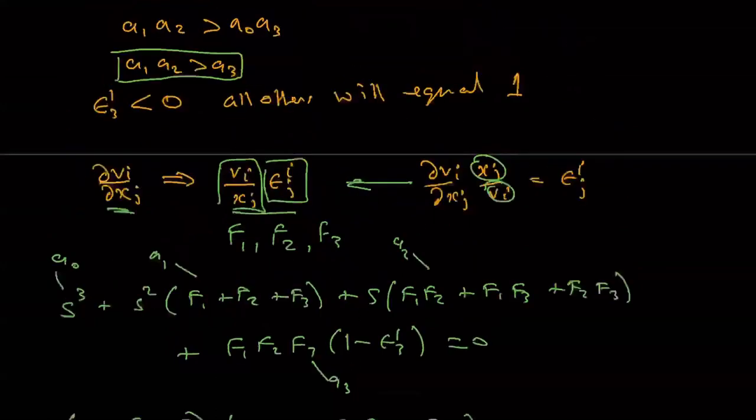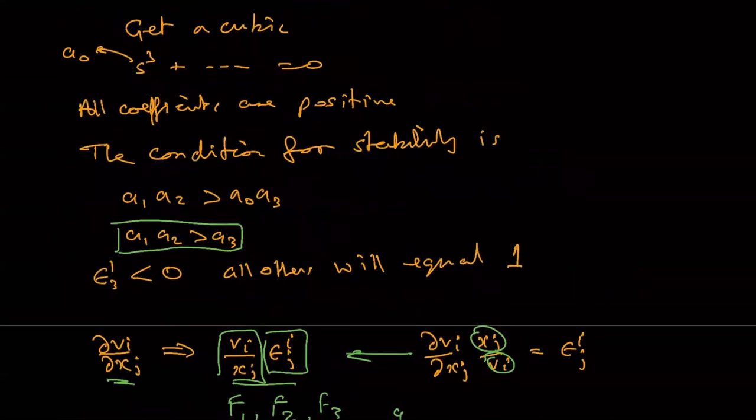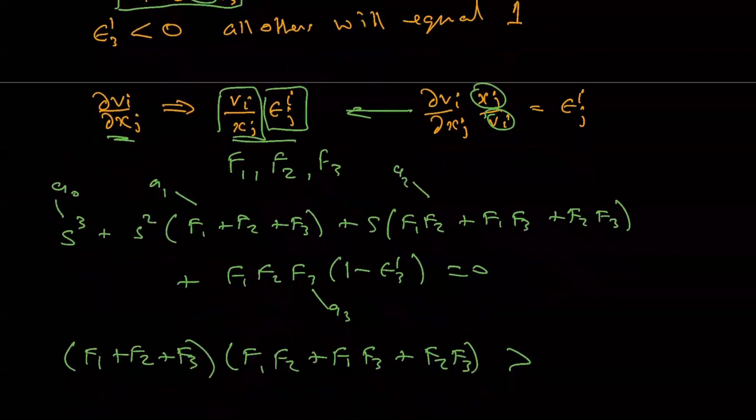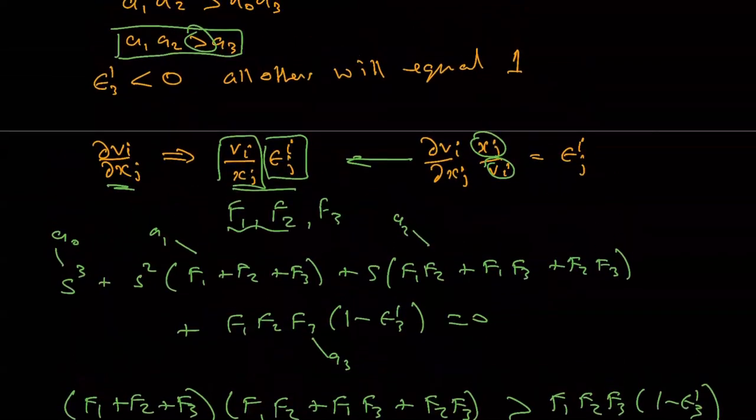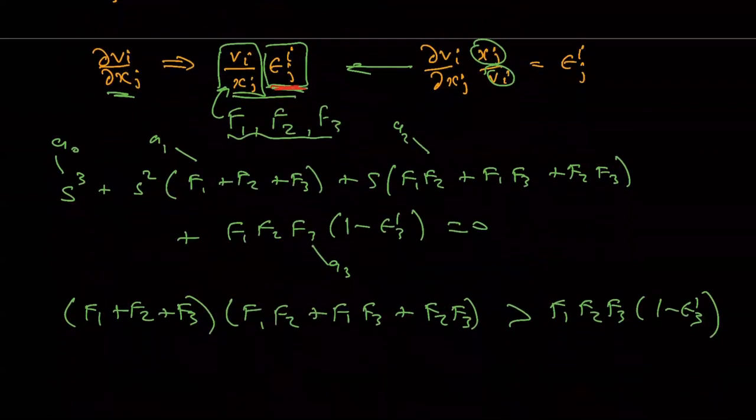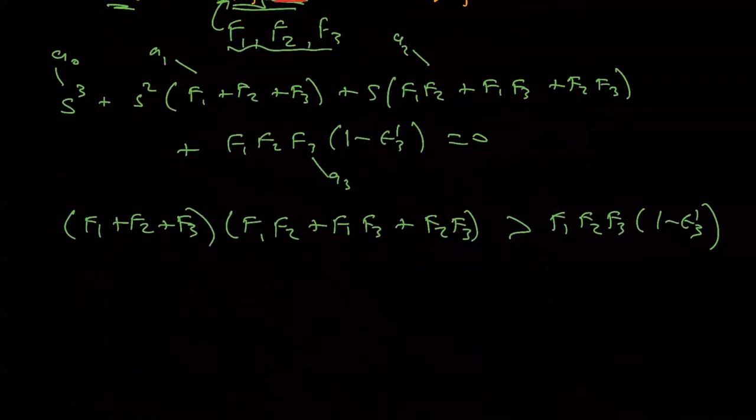Greater than, that greater than comes from this piece here: greater than F1 F2 F3 times (1 minus epsilon_13), okay? So remember, these F terms are just these ratios because all the other elasticities have gone to 1. Each F term, there are only 3 of them, is given here, okay? All right.